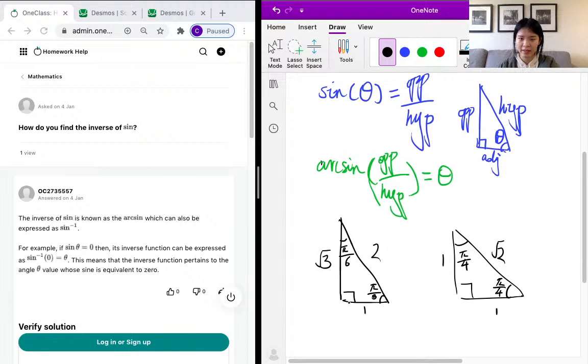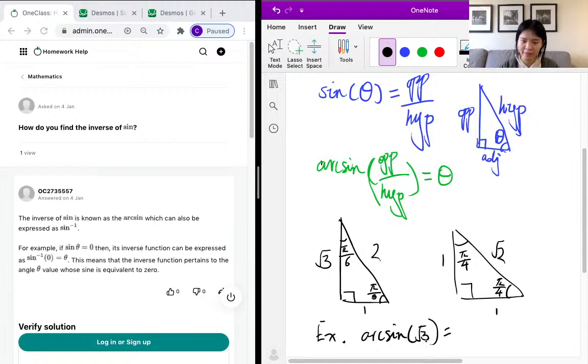Or I guess we don't really need a solid example because it's quite easy to see. For example, if you are asked to find the arc sine of √3, you know that √3 is the opposite over the hypotenuse.